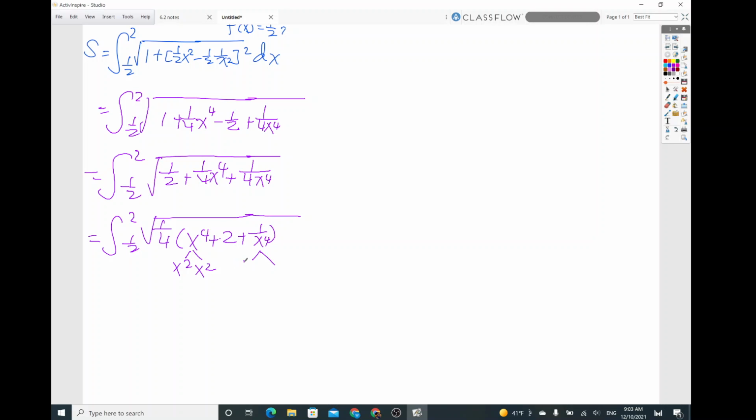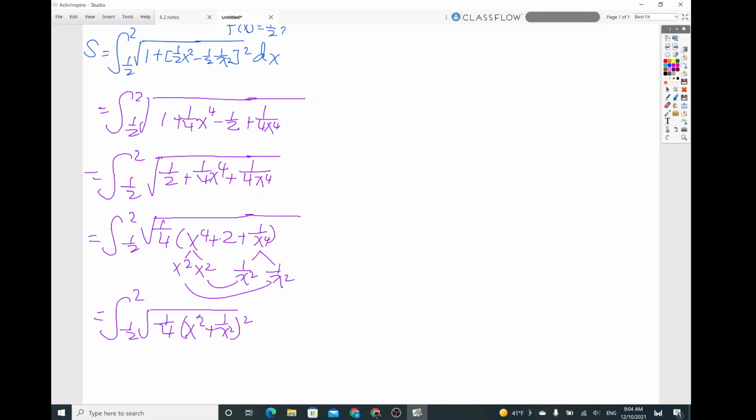So we have 1/x squared, 1/x squared. Once you multiply this with the smiley face method, you'll see the sum of the products of those factors is going to be 2. That means this can be written in perfect square form: square root of 1/4 times x squared plus 1/x squared, quantity squared.